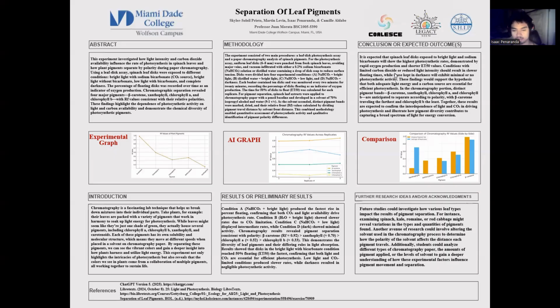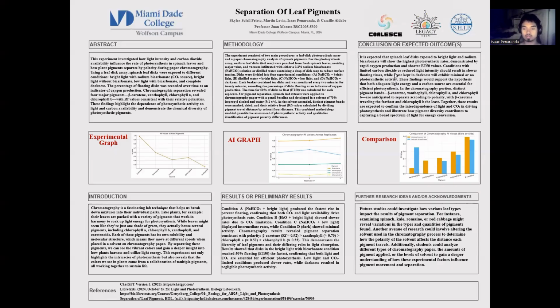And yeah, further research ideas and acknowledgements. Future studies could investigate how various leaf types impact the results of pigment separation. For instance, examining spinach, kale, romaine, or red cabbage might reveal variations in the types and quantities of pigments.